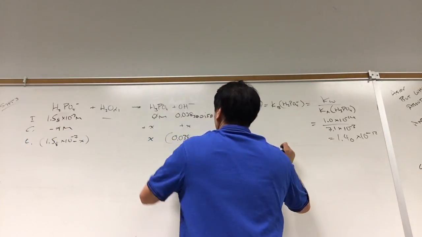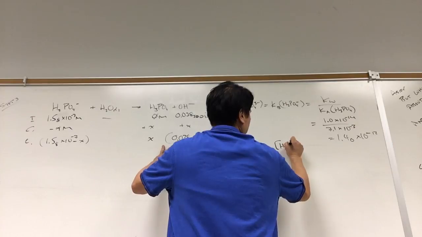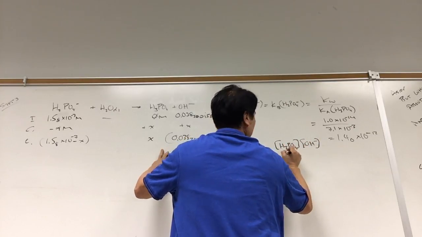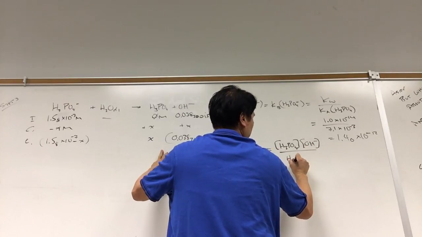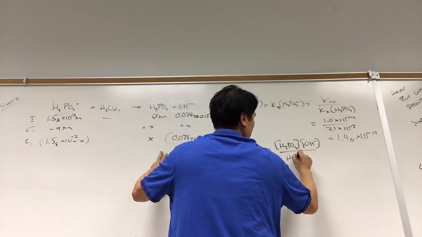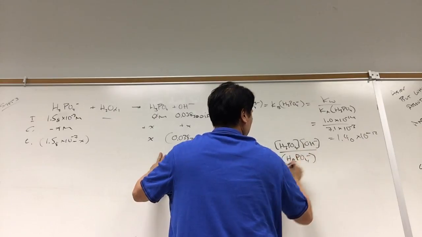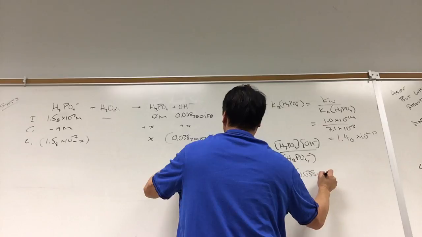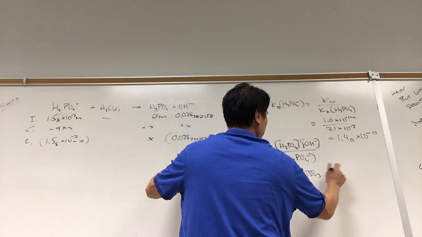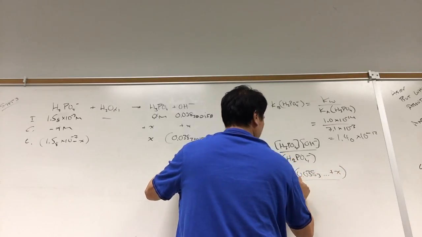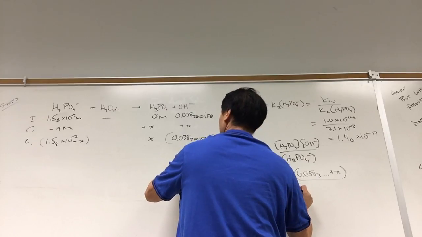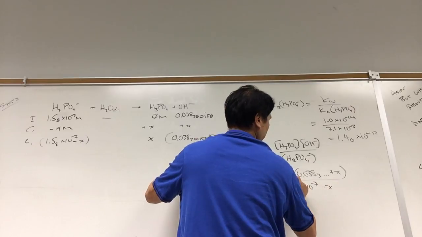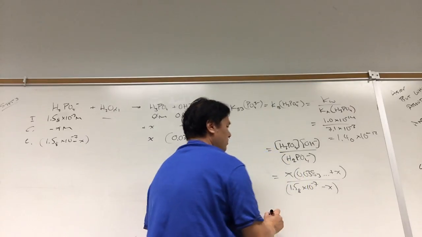And so this is going to equal the phosphoric acid concentration times the hydroxide ion concentration divided by the dihydrogen phosphate concentration. It's going to equal X times 0.0383 plus X divided by 1.58 times 10 to the negative 7 minus X. Let's try the simplifying assumption here.